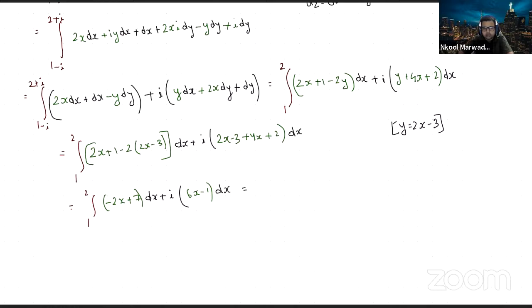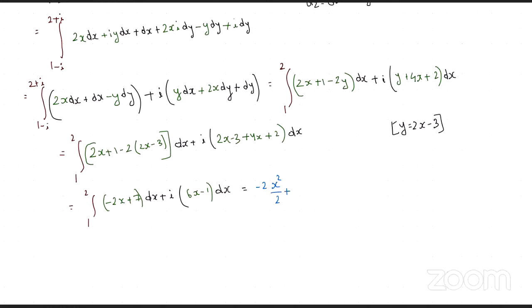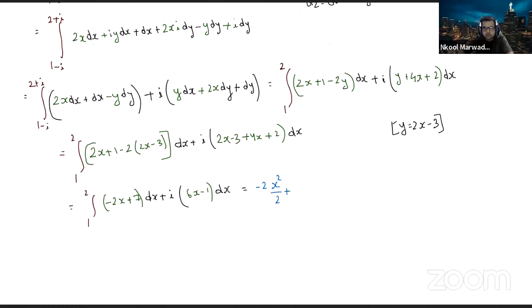So it will be minus 2 x square by 2 plus 7x, the limit 1 to 2, plus iota, 6 x square by 2 minus x with the limit 1 to 2.